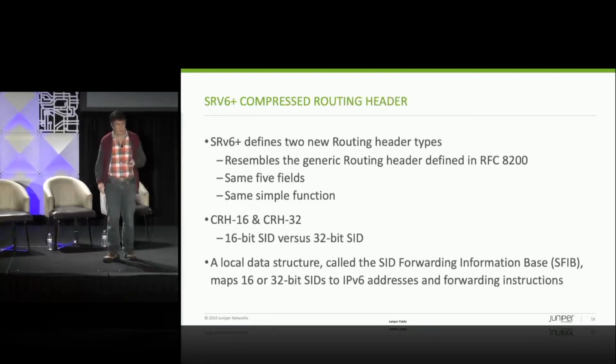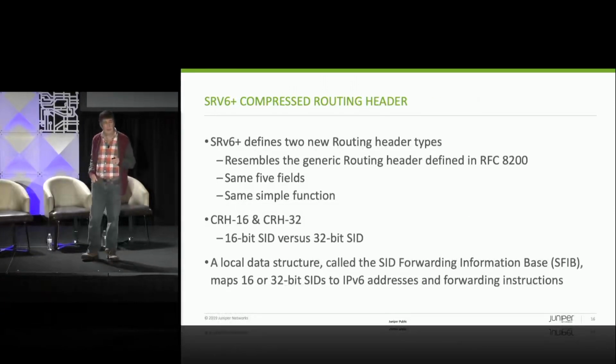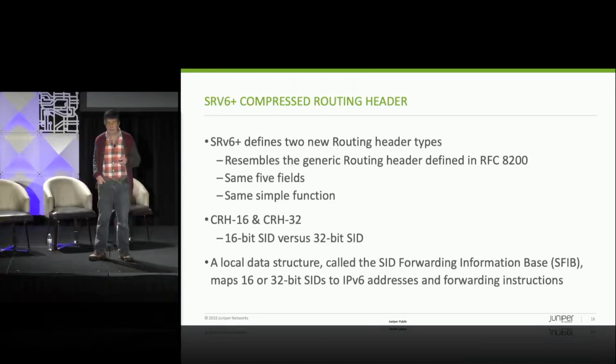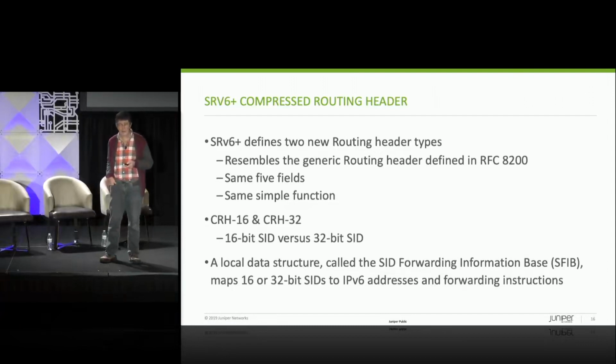Now, SRv6 Plus defines a new routing header type. It's called the compressed routing header. It resembles the generic routing header defined in RFC 8200. It has the same 5 fields, the same simple function. There are 2 flavors of this compressed routing header, a SRh16 and a SRh32.